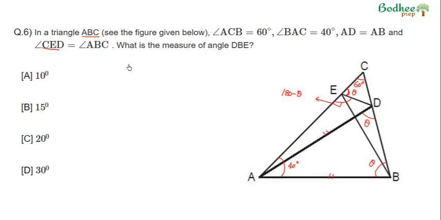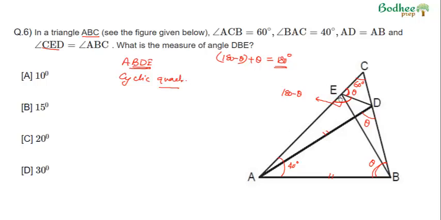Further, if we pay attention to the quadrilateral ABDE, in this quadrilateral, we can see that this angle and this angle, they are opposite angles, right? And their sum will be equal to what? 180 minus theta plus theta. This is nothing but equal to 180 degree. From this, what we can conclude is that this quadrilateral is nothing but a cyclic quadrilateral.